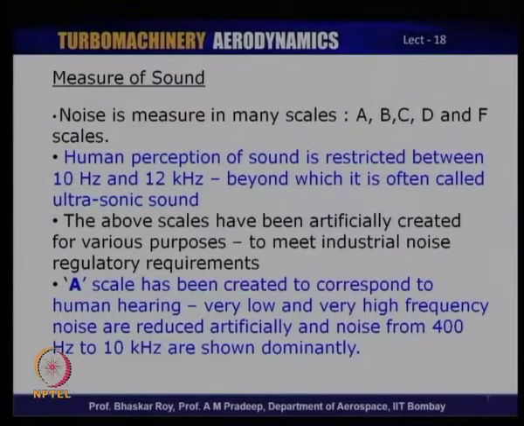That means they are shown on a 1:1 basis, whereas the noises below that and above 10 kilohertz are factored down in the A scale. So, that is what is called A scale, corresponding to human perception.